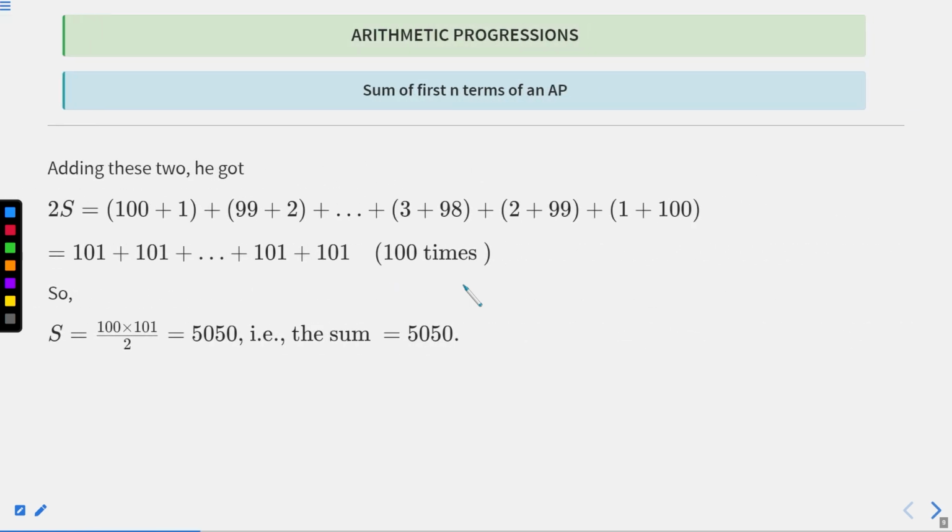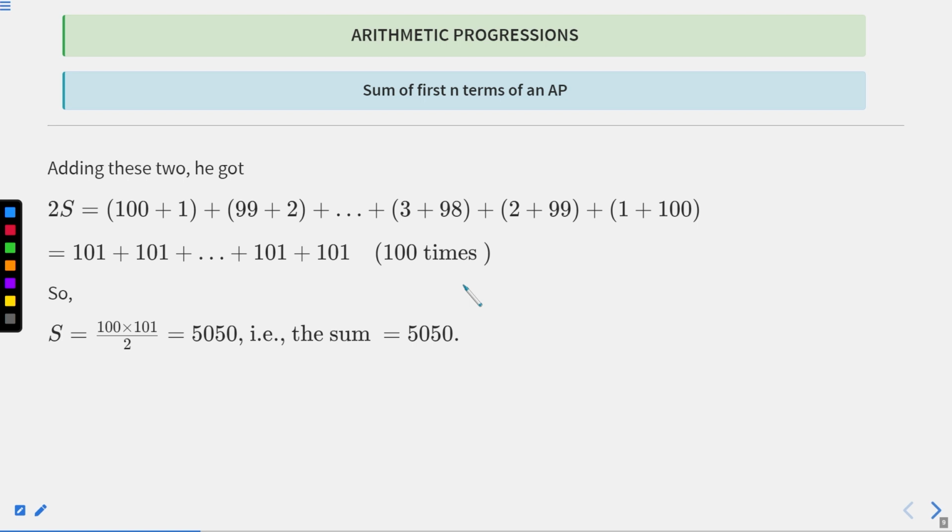Then adding these two, on the left hand side we get 2 times S. On the right hand side we get 100 plus 1, plus 99 plus 2, plus 98 plus 3, and so on, up to 1 plus 100. If we take each pair and add them, we get 101 each time.